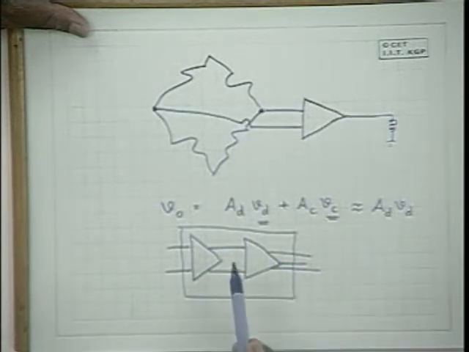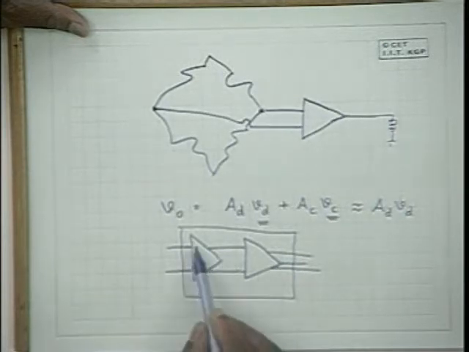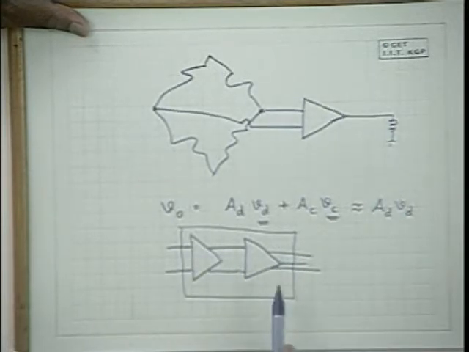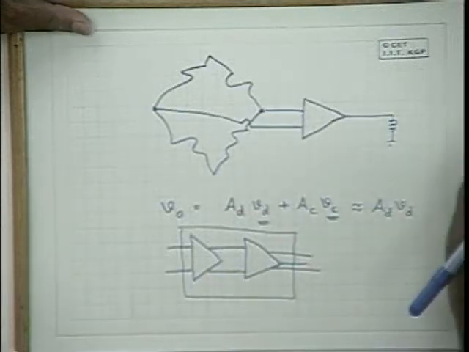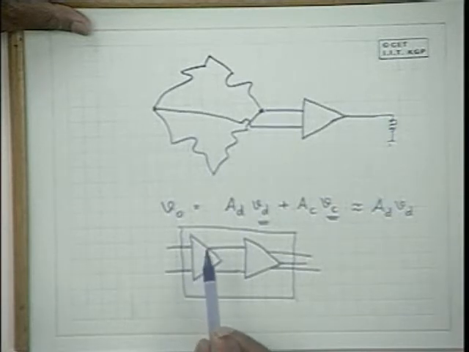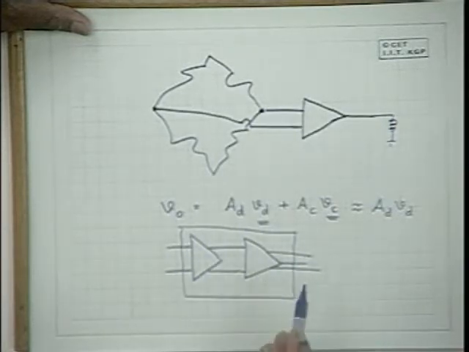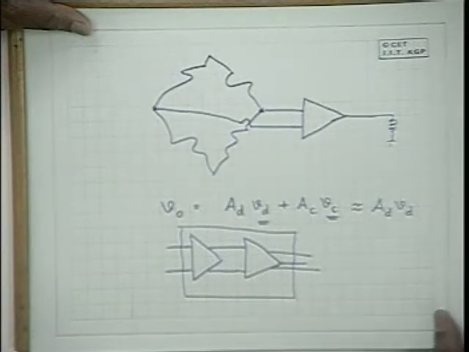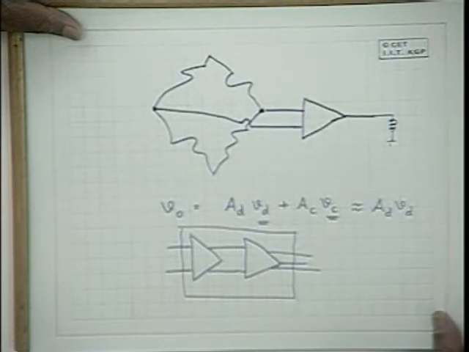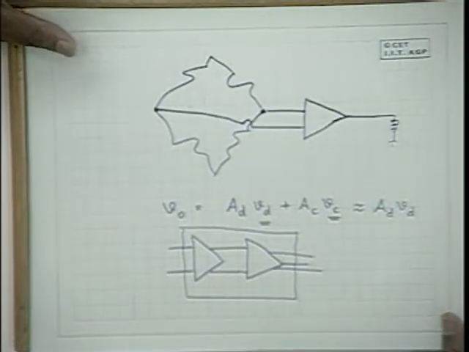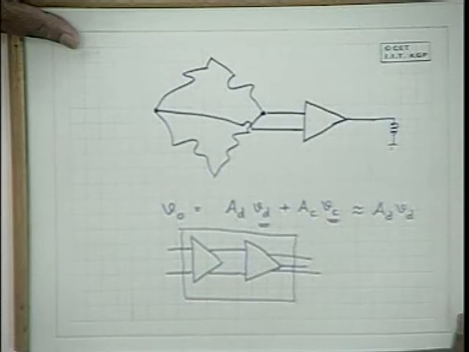And the differential mode gain is going to be equal to the product of the differential mode gains. And if each stage has a common mode rejection ratio equal to rho, the overall common mode rejection ratio is going to be rho squared. Therefore, if the common mode rejection ratio is 10 to the power of 4, you will now get a common mode rejection ratio of 10 to the power of 8. Certainly, by cascading, you can reduce the common mode component and you can increase the common mode rejection ratio.